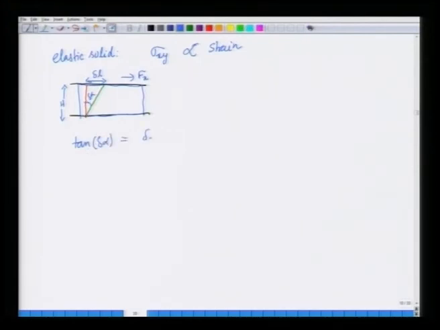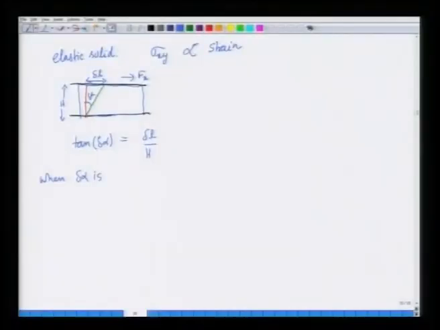When delta alpha is very small, for small forces you will expect that the deflection delta alpha and the displacement delta L are very small. Then tan delta alpha is roughly equal to delta alpha.